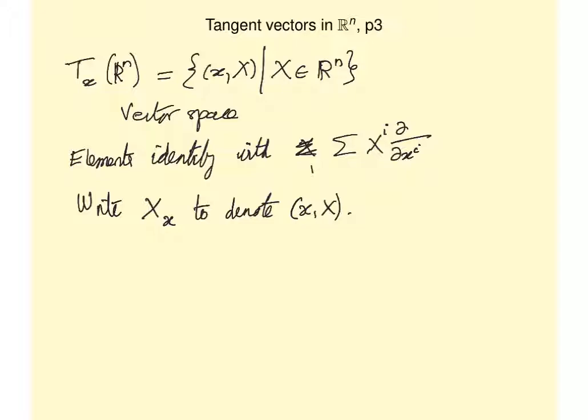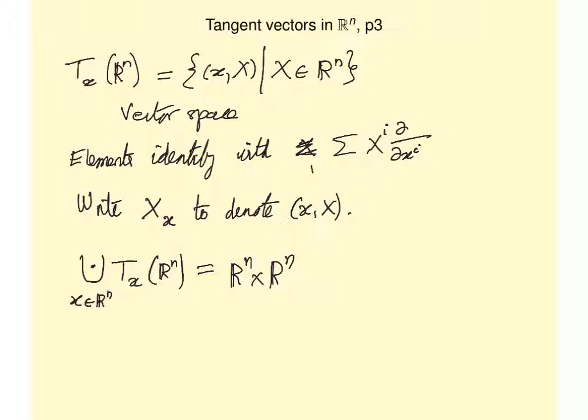And I also want to consider the union of all the tangent spaces. And this is actually a disjoint union because, after all, if small x and small y are two different points, then these pairs cannot coincide. And so this is as a set, and later on as a manifold, just Rn cross Rn.